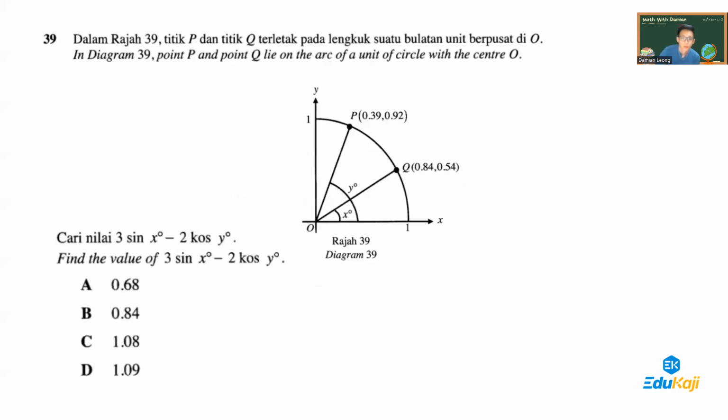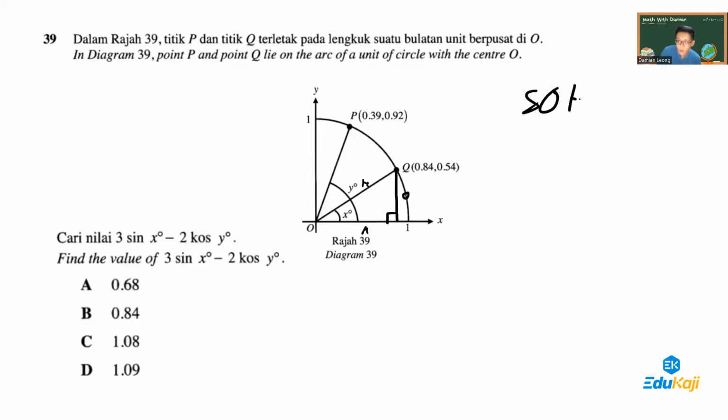Question 39. Find the value of 3 sine x minus 2 cos y. So if I split a right angle triangle like that, hypotenuse is 1. So this is opposite, adjacent, hypotenuse.